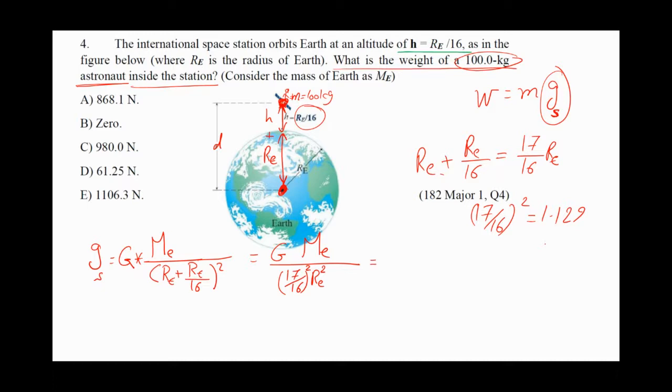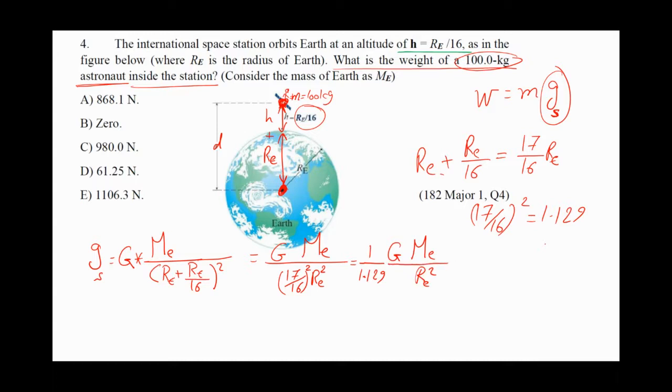So again, this can be written as G times the mass of Earth divided by 1.129 times RE squared. You can take this number out here, 1 over 1.129. It's a little bit better.